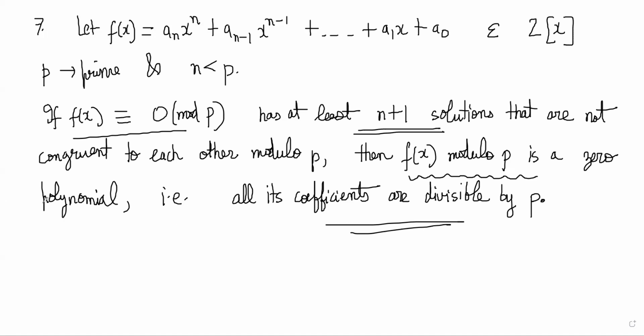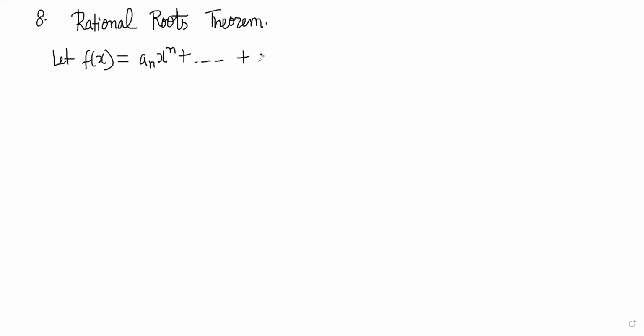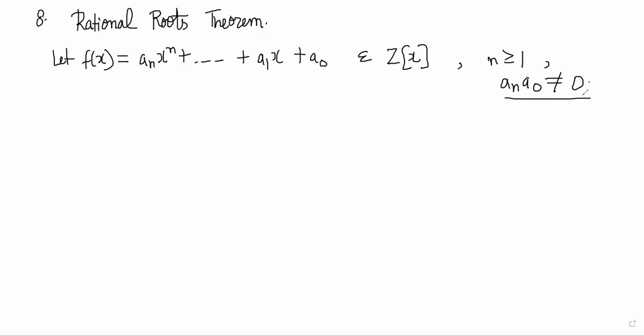Okay. The next idea is the rational roots theorem. This is quite a famous theorem, so you might be aware of this. I will just state it here. Let f of x be written as a_n x^n and so on till a_1 x plus a_0, and this is an integer polynomial where n is greater than or equal to 1 and a_n times a_0 is not equal to 0, right?